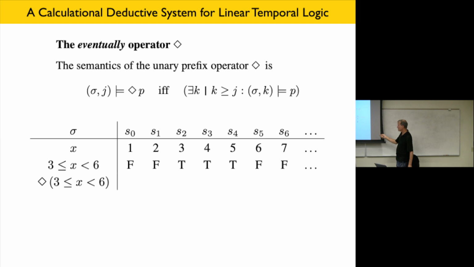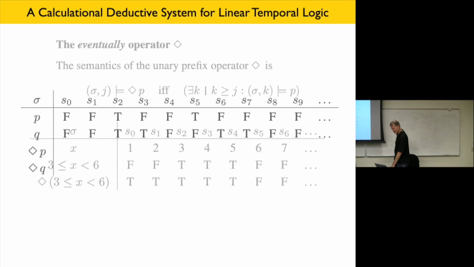Does the future include now? Yeah. So this will be true, false, false. So we predict true, true, true, true, true, false, false. Are we good? Is everybody with me on this?